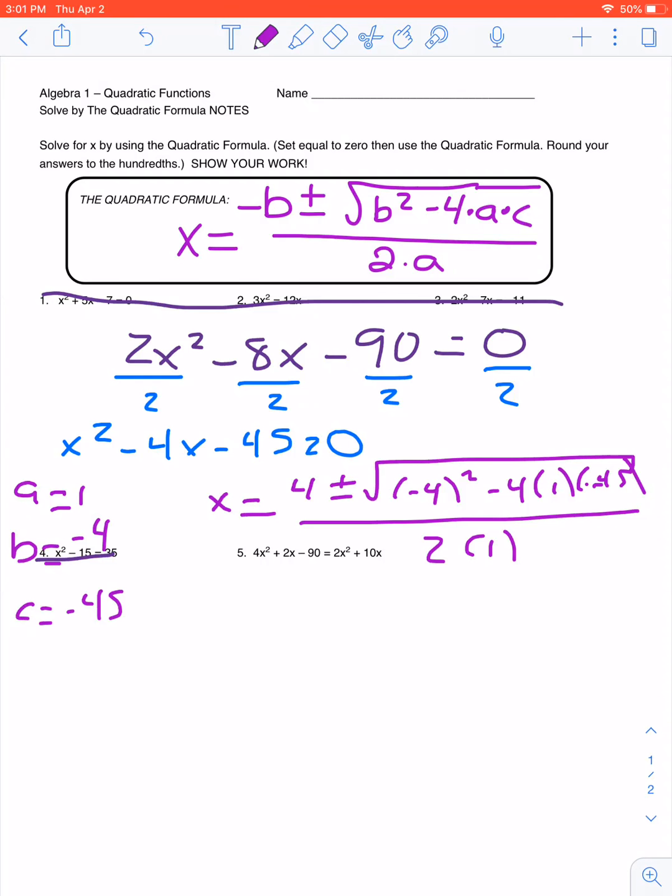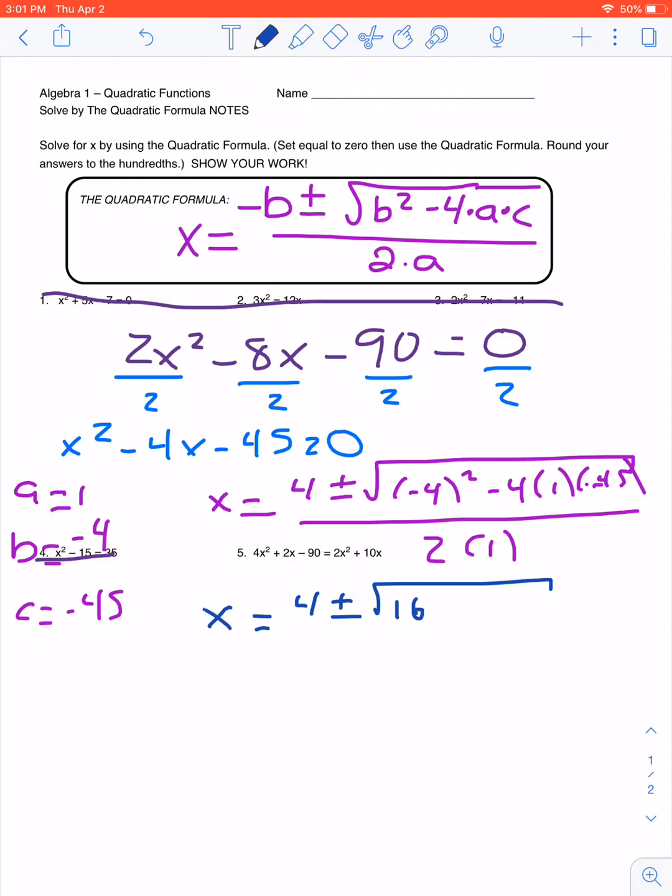What I'm going to do next, instead of doing it all at once, which gets a little bit confusing, is simplify under the radical first to make my life easier. So I get 4 plus or minus the square root of 16. And then I get negative 4 times 1, which is negative 4, and that times negative 45.